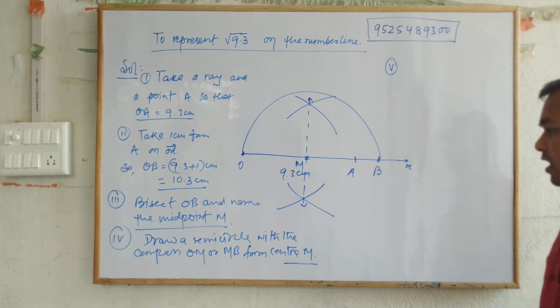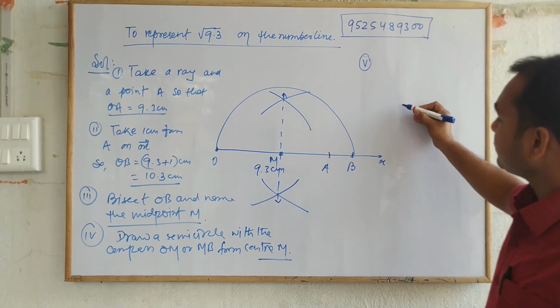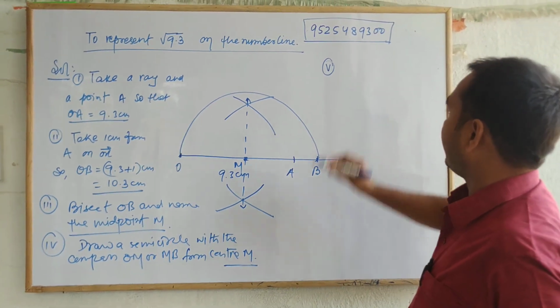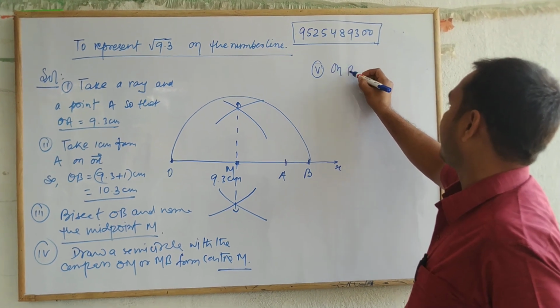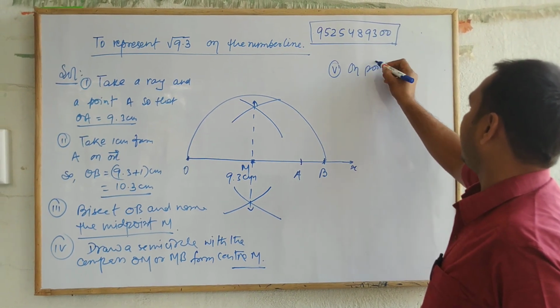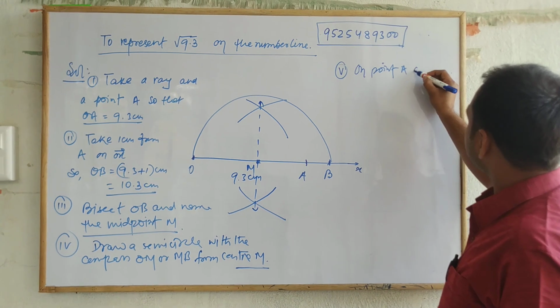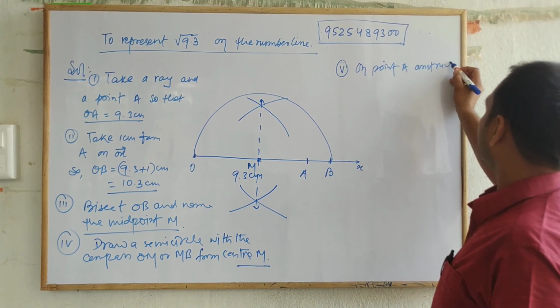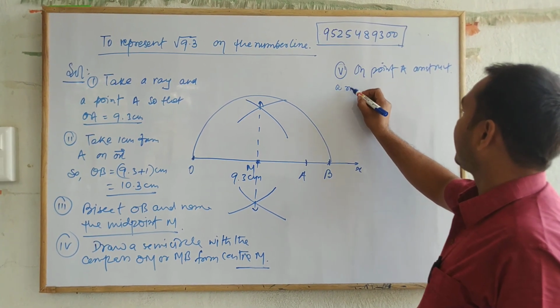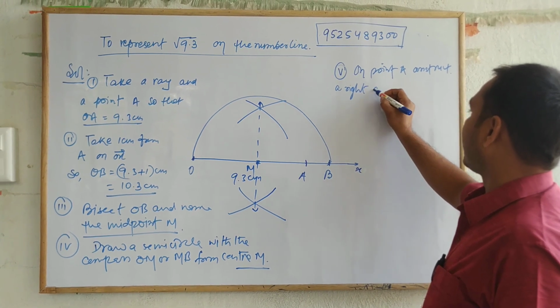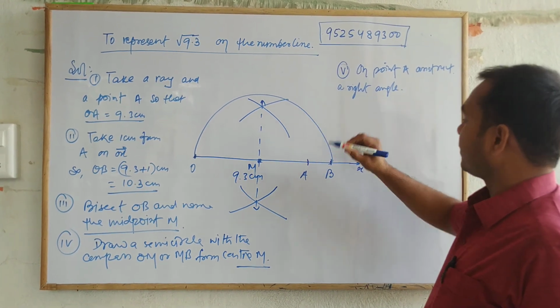Step 5: on point A, construct a right angle.